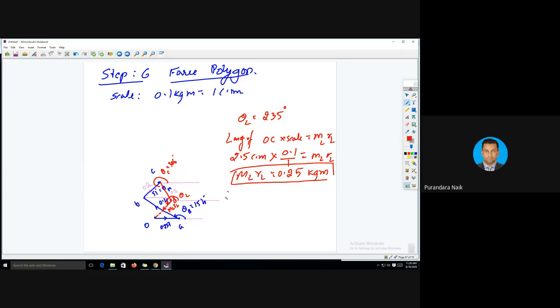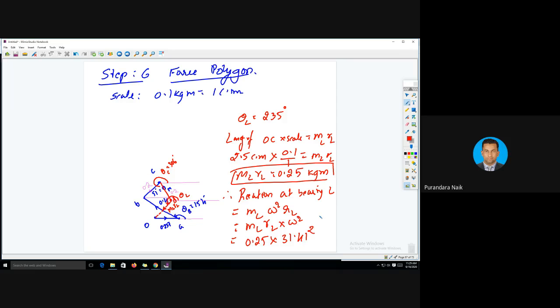Therefore, reaction at bearing L is equal to ML omega square RL, which is MLRL into omega square, that is 0.25 into 31.41 square.